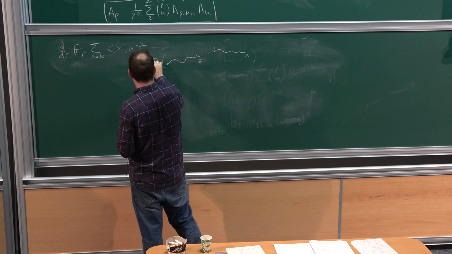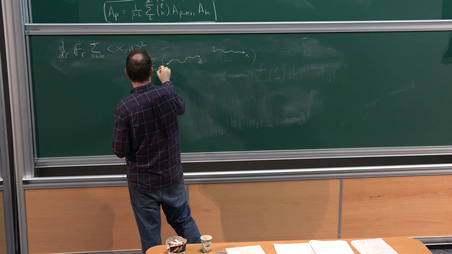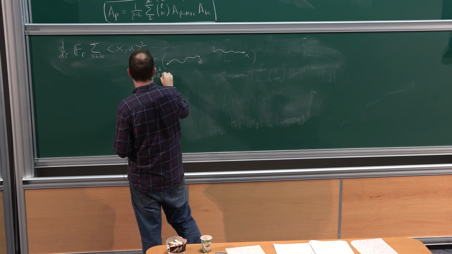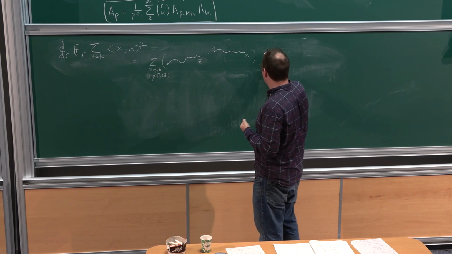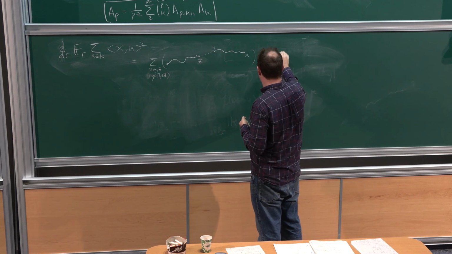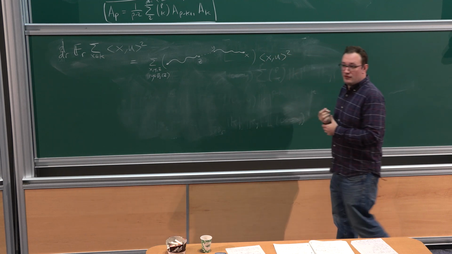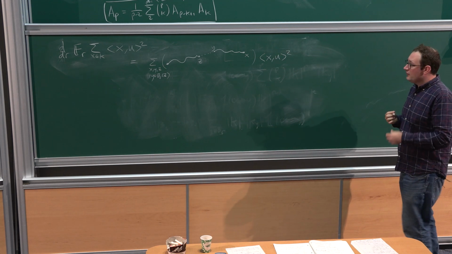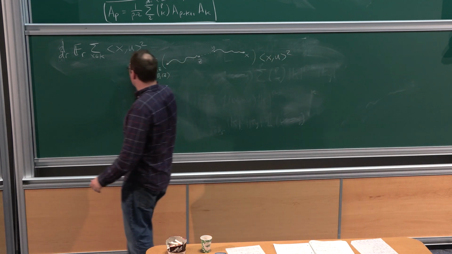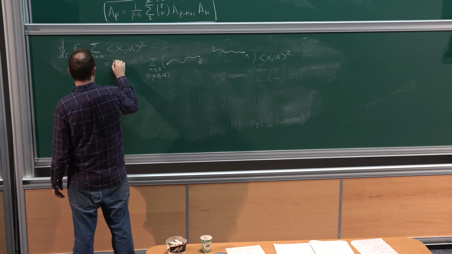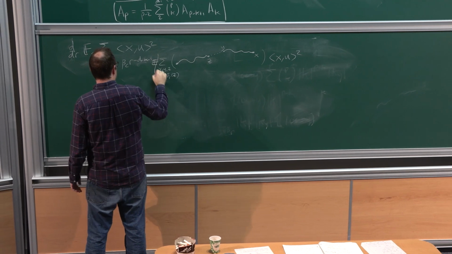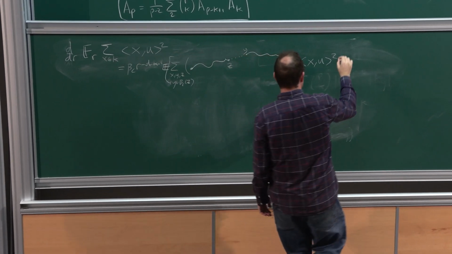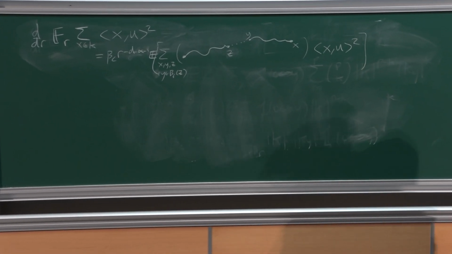So we're summing over x, y, and z with y in the ball of radius r around z. But now we have to multiply by this inner product. Okay? And of course, as usual, there's this beta c and the r to the minus d minus r minus 1.